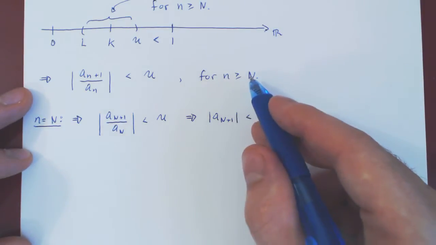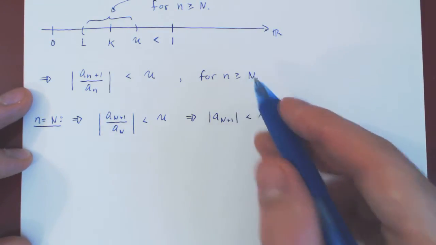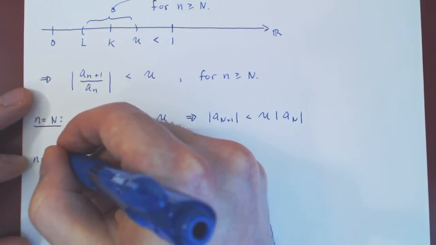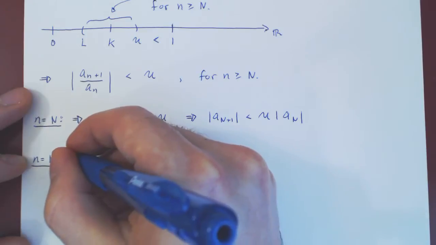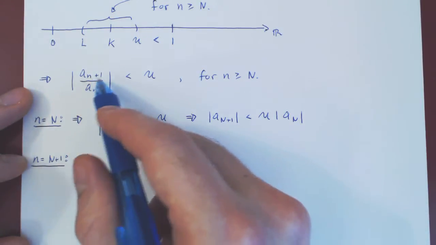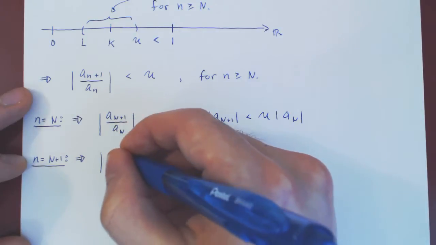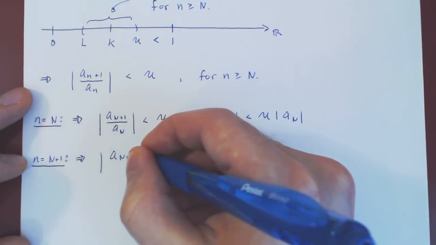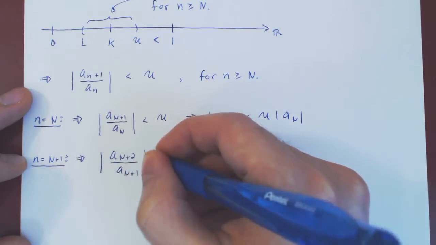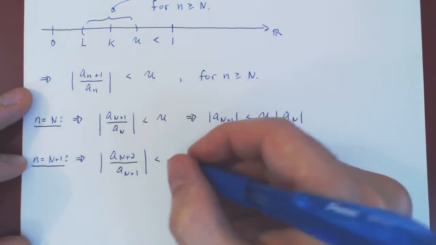Well, let's now take lowercase n to be uppercase N plus 1. Let's plug it in here, so we'll get |a_{N+2}|/|a_{N+1}|. This is again strictly less than u.